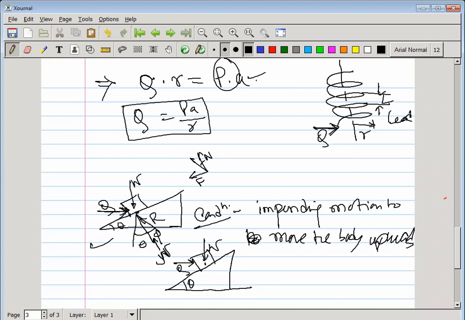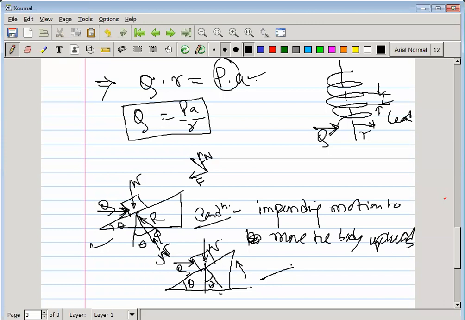In that case, if theta is more, then your body tries to move in the downward direction.